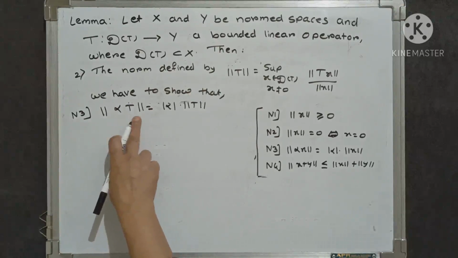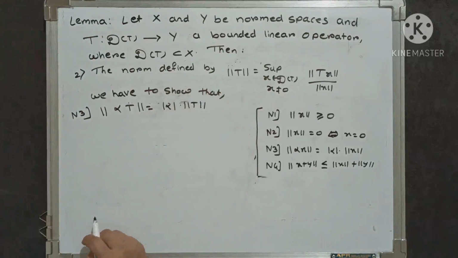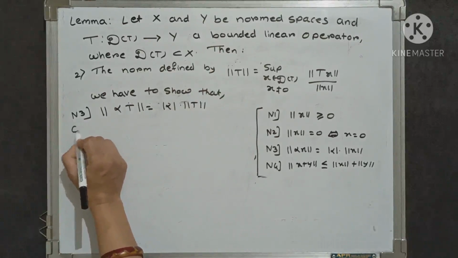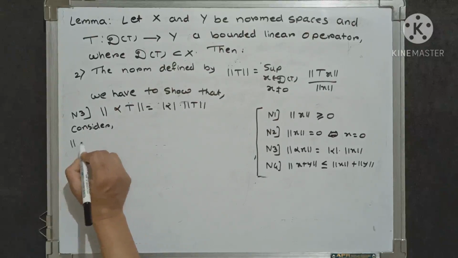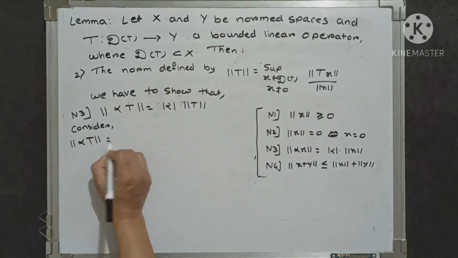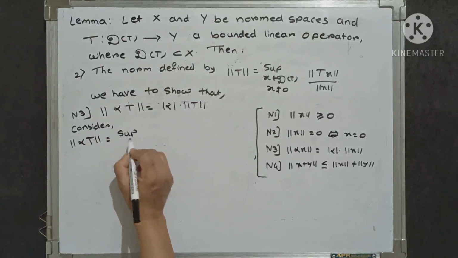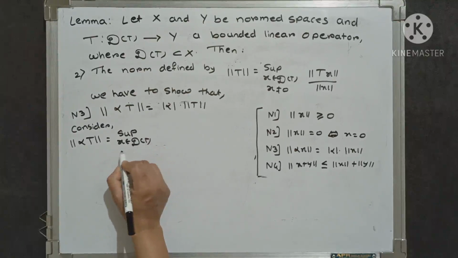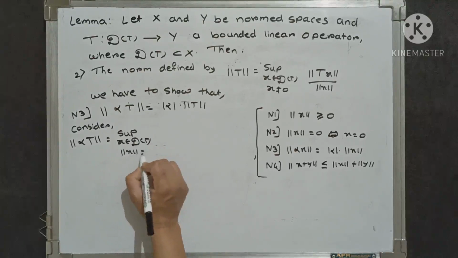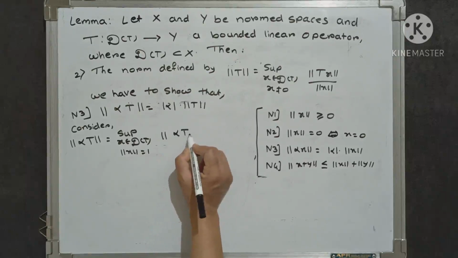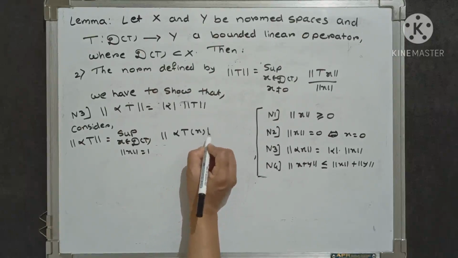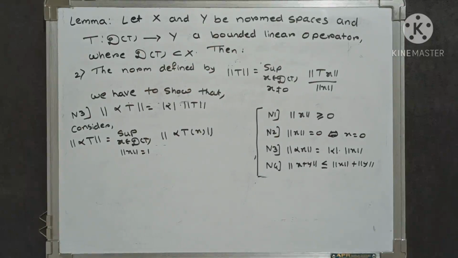So to prove this, here we use the alternative formula for the norm of T. Consider norm of alpha T, that equals the supremum over x belongs to D(T), norm of x equals 1, norm of alpha T of x.